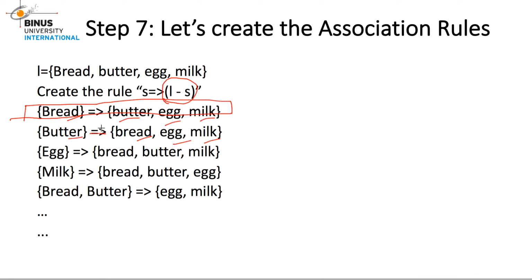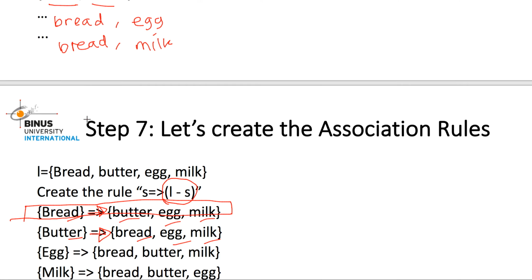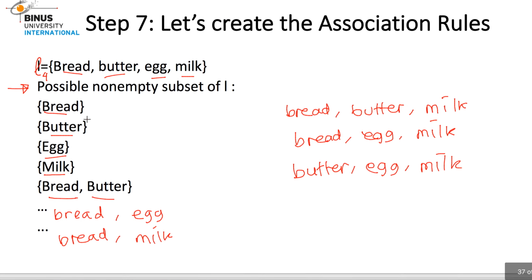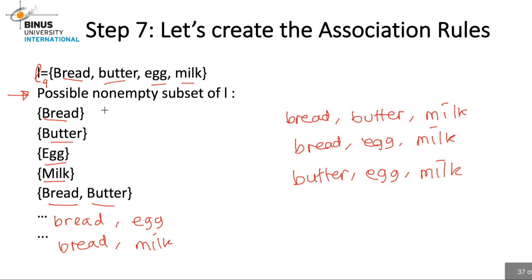And then we give these arrows in here. So going back to our example, we have bread, so we are left with butter, egg, and milk, right?